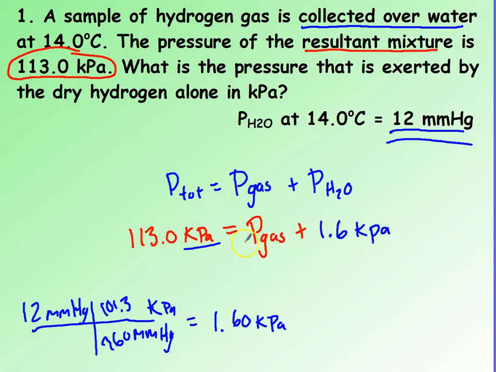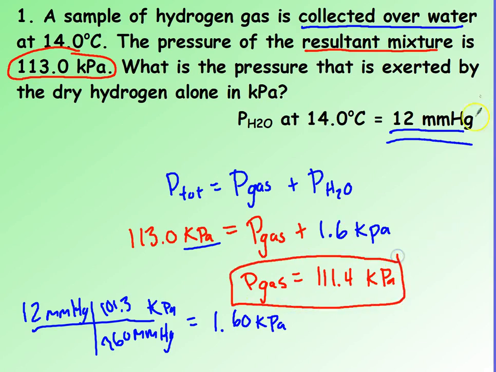I'm going to subtract in order to get to the pressure of the gas. And so if I subtract, the pressure of the gas, or the hydrogen in this case, is equal to 113 minus 1.6, and I get 111.4 kPa. And that is the correct answer right there.